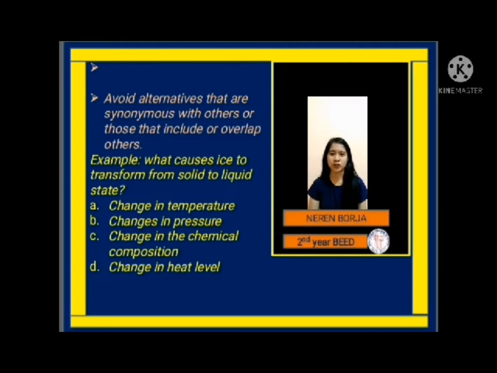Or D. Change in heat level. So as you can see, options A and D are essentially the same. So the student who chooses these identical choices will be right, and the last will be the distractor that plays no significant role in increasing the value of the item.